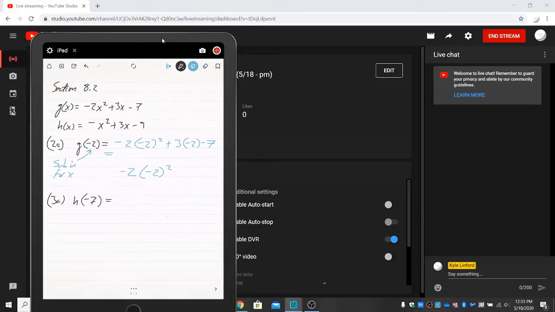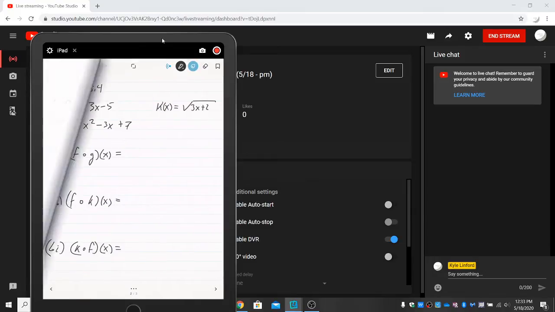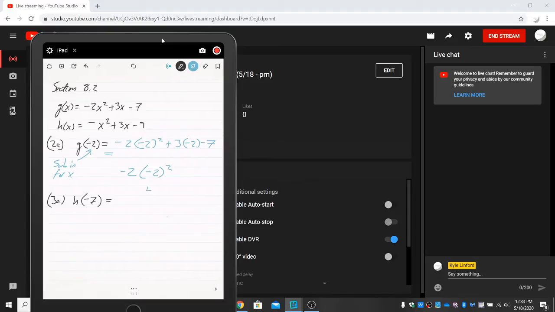So I need to square negative 2. Negative 2 squared is 4. And then I need to multiply that by negative 2 to get a negative 8.